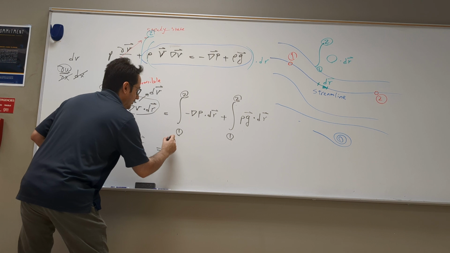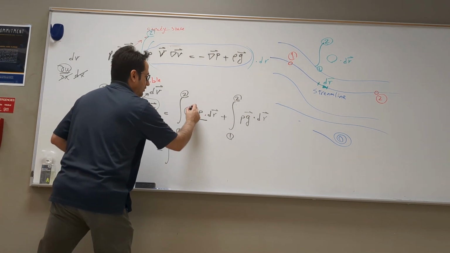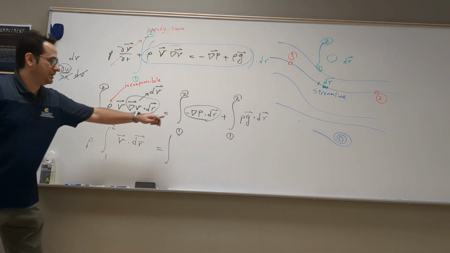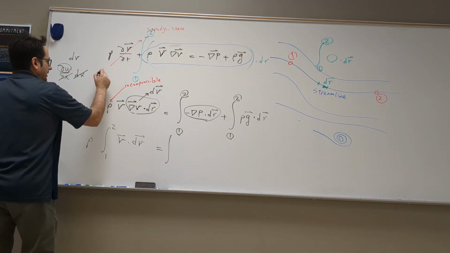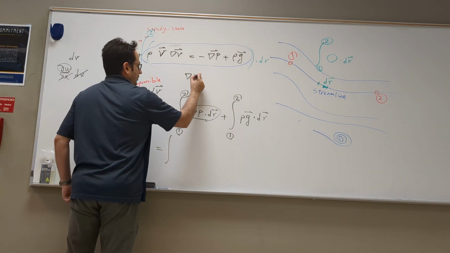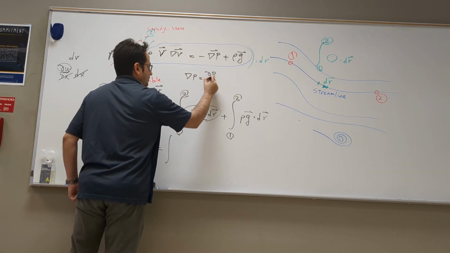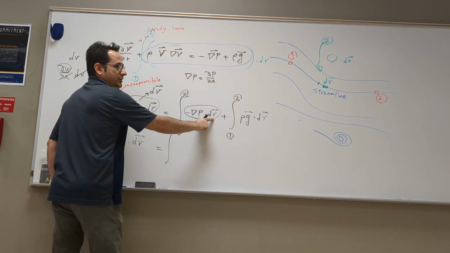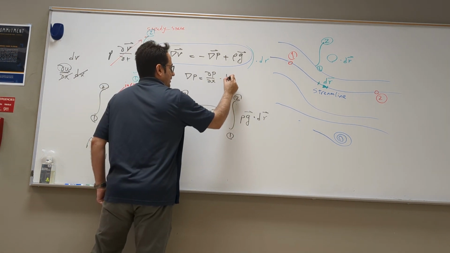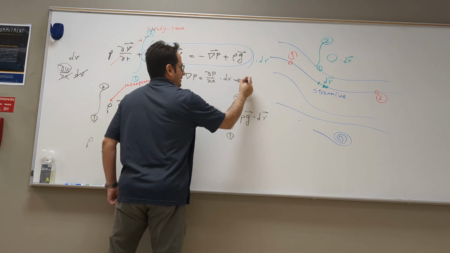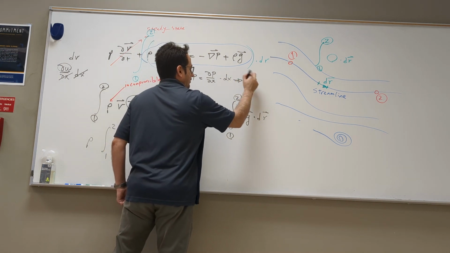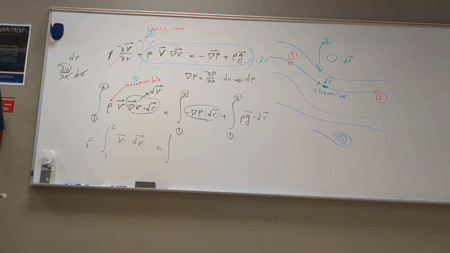By the same token, what's the dP? Again, in one dimension, the gradient P is partial P partial x. And if you multiply by dr, which is dx, what do we get? dP, right? That's what you get.